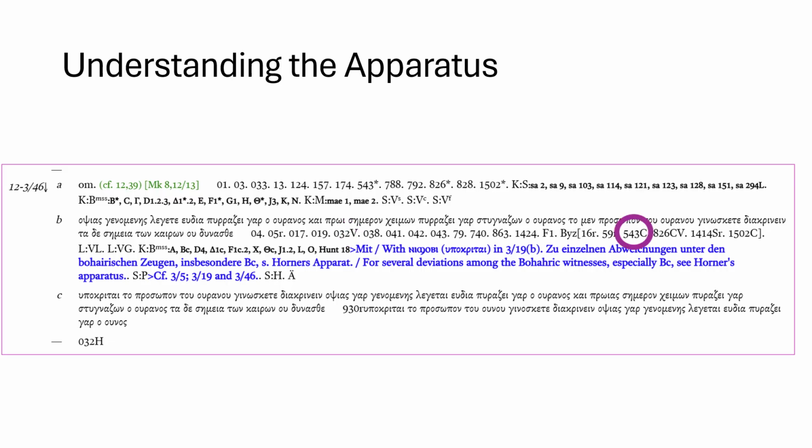The C with 543, 826, and 1502 indicates that this reading is inserted as a correction, although the V with 826 indicates that the support is only apparent, in this case because at some point the page was trimmed and the first few letters of each line of the correction were cut off.